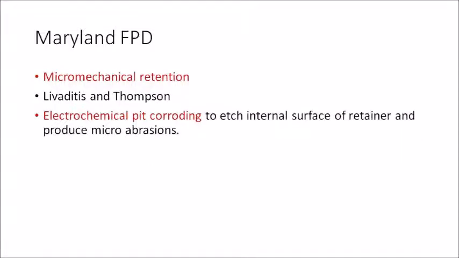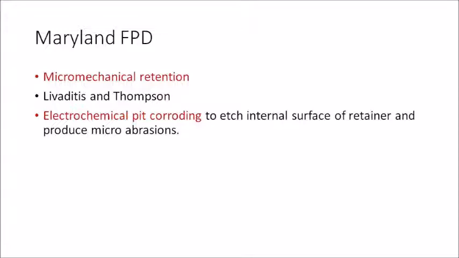The second type of FPD is the Maryland bridge. It was introduced by Livaditis and Thompson of the University of Maryland. So here the retention is through micromechanical bonding. For this, micro abrasions or micro pits are formed on the retainer as well as on the tooth enamel.